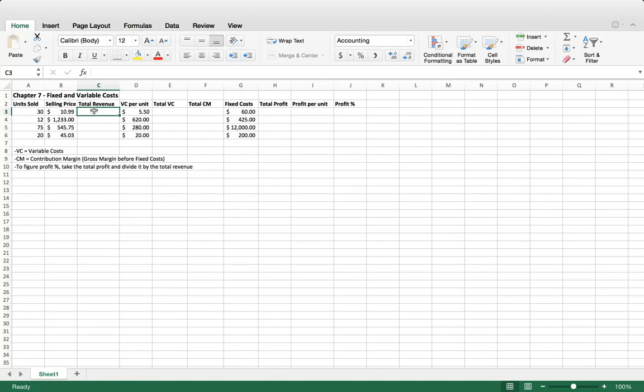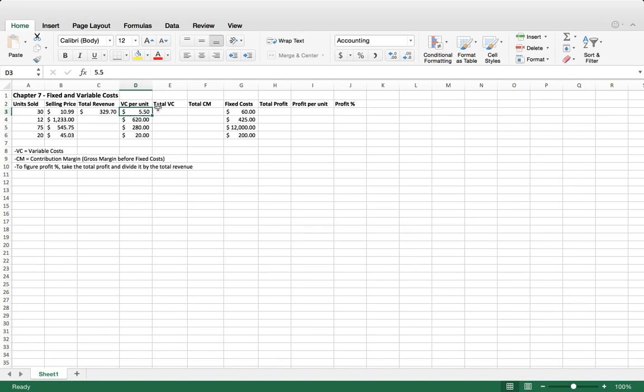So to figure out the total revenue, we simply take the selling price and multiply that by the units sold, and that gets us $329.70.